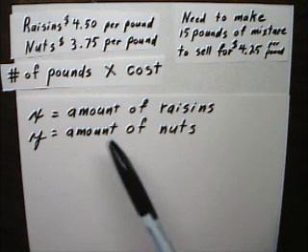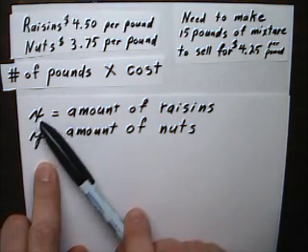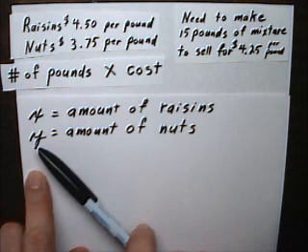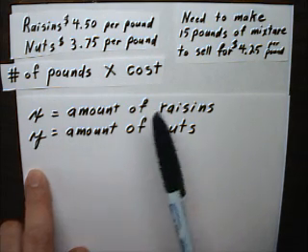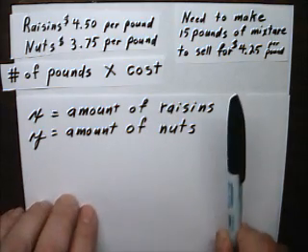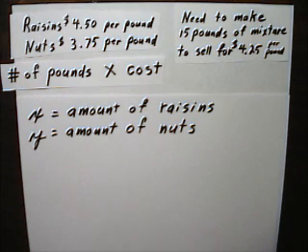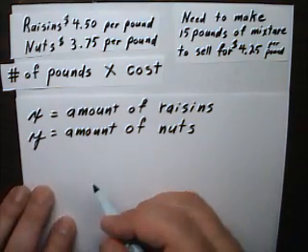And let's multiply the amount of the raisins times the cost, and we'll multiply the amount of the nuts times their cost, and if we add those two amounts together, that's going to equal the cost of the mixture.